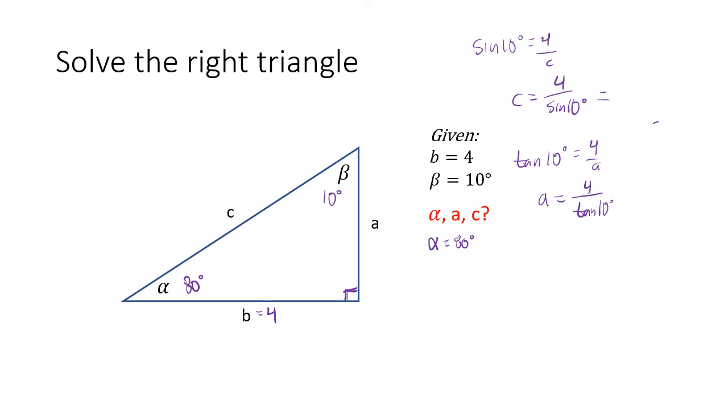So that's 23 units. And then 4 divided by the tangent of 10 degrees. You don't have to put the close parenthesis. It is 22.68, so A is 22.68 units. And you could have easily done the same with the 80-degree angle as well, and that would have been just fine.